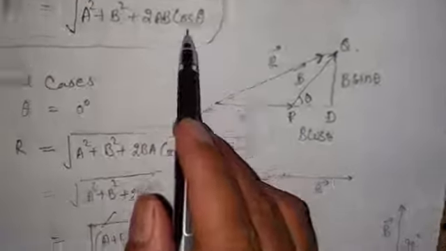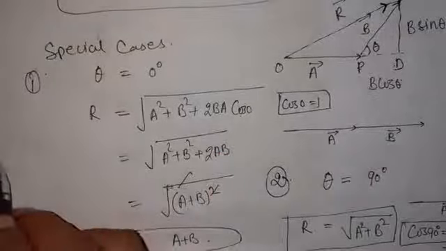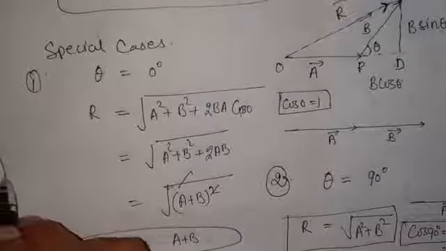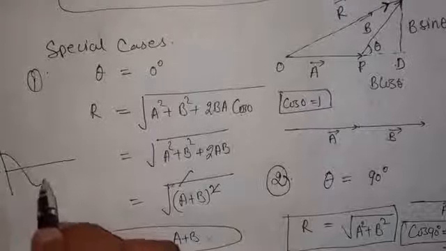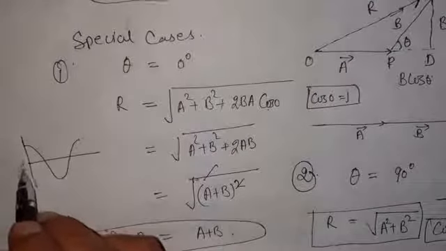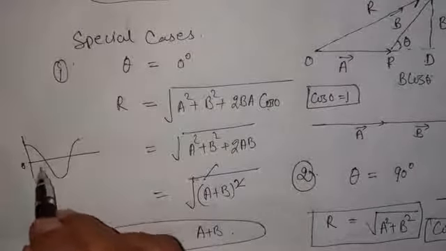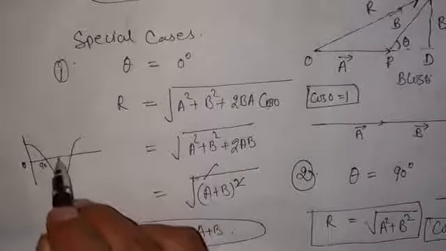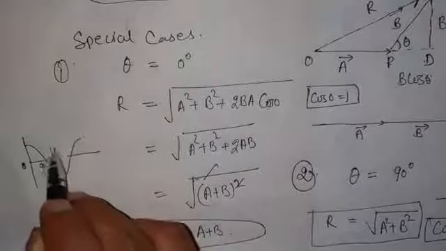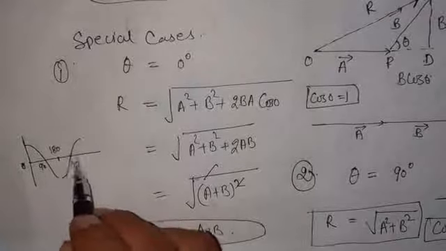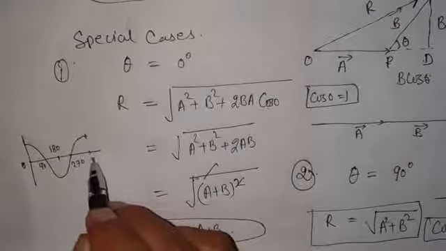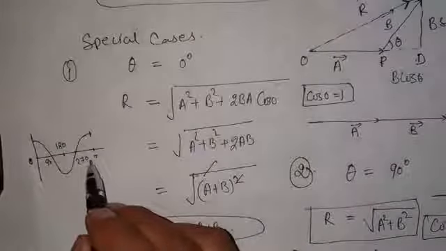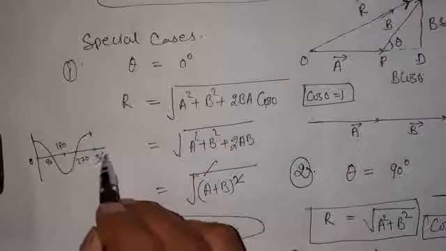So cos 180 degree, you can remember this variation of the cos in this way. From here you can start that it is 0, here it is 90, at this point it is going to be 180, here it is 270, and at this point it is 360.